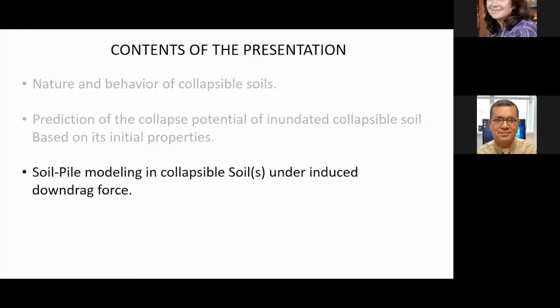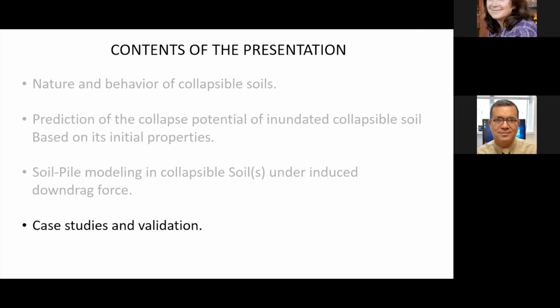And that force, we call it down drag force. This means that we are going to have additional, uncalculated force that's going to act with the force coming from the superstructure to put more load on the pile and create excessive settlement.